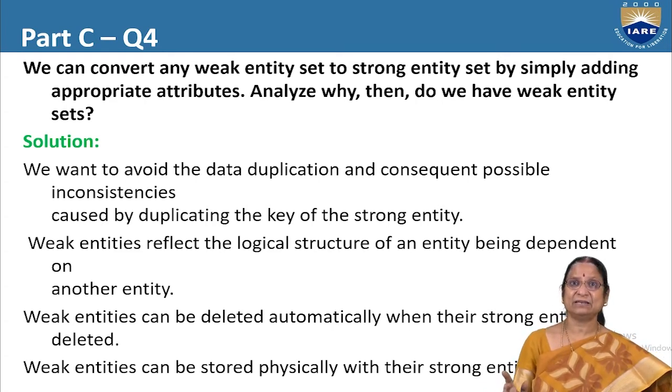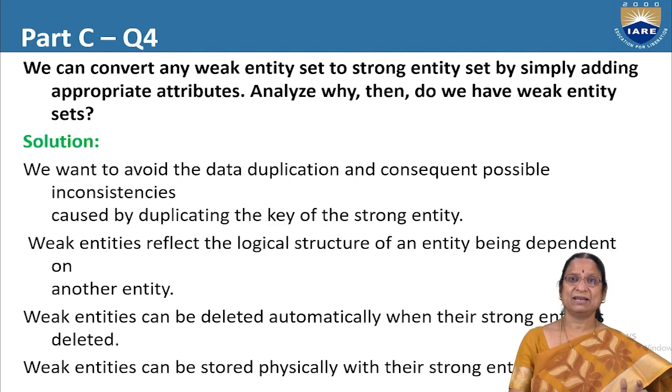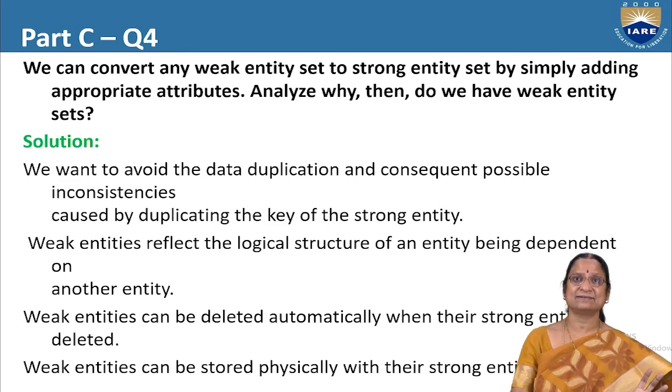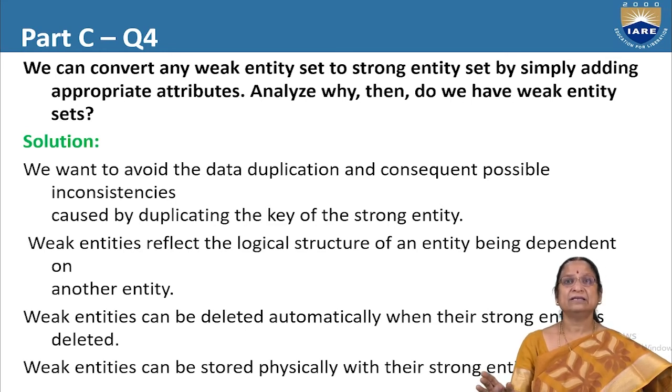That's why we are using the normalization process also. So to avoid this data duplication, as well as the consequences such as inconsistencies and errors caused by duplicate values, sometimes weak entities are required, which don't have a self-existential primary key.